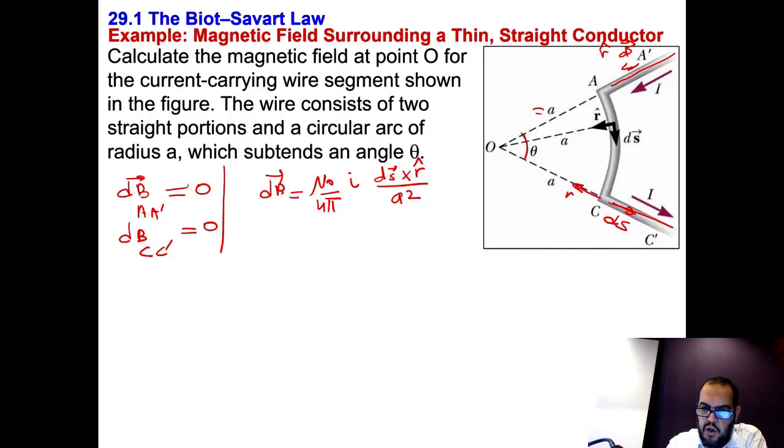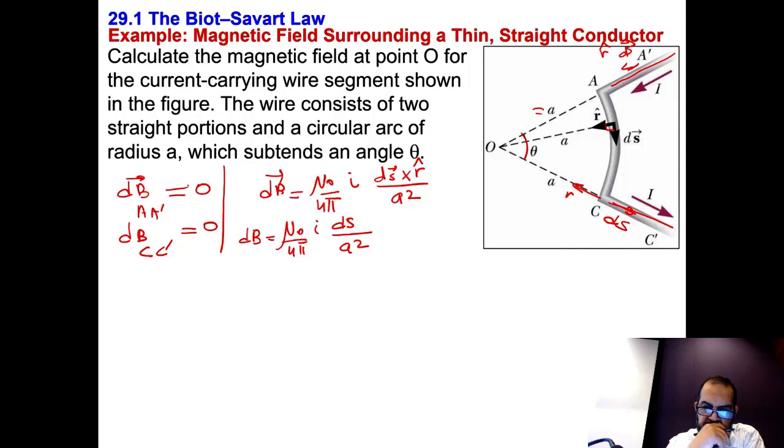Okay, so notice that at any point the unit vector and the element ds are perpendicular. So sine of 90 degrees is 1, so this simplifies. We can write dB is mu 0 over 4 pi I ds, and sine of 90 degrees is 1, divided by a squared.